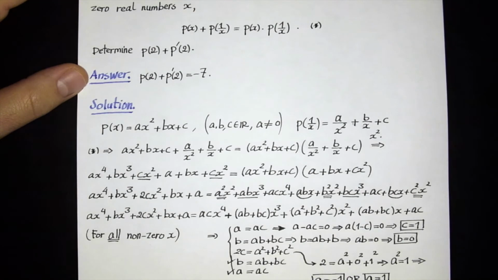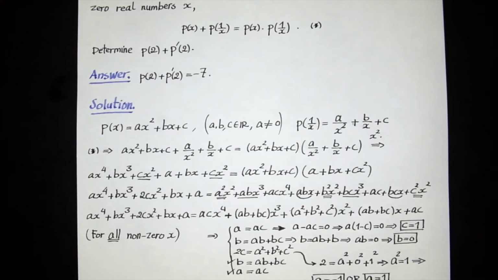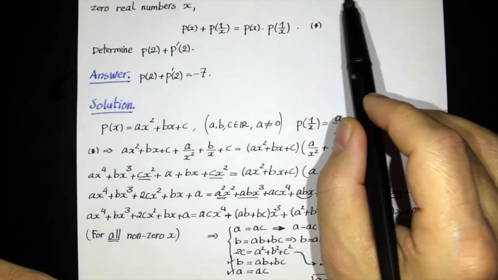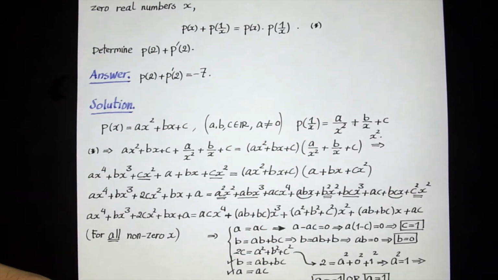But which one is the correct value? Both of them are actually correct, but there is also an extra condition in this problem that p of minus 2 should be minus 3. So let me write it. So we have two sets of values. Either a is equal to 1, b is equal to 0, c is equal to 1.